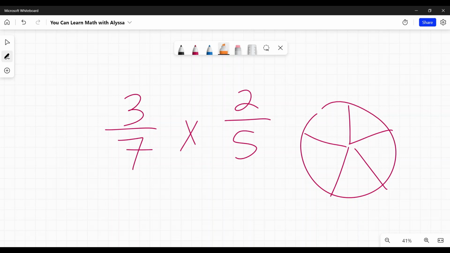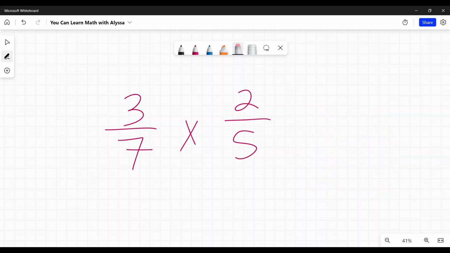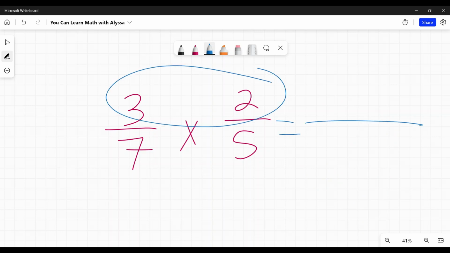Okay, it's saying if I had 2 fifths and I divided those fifths into 7 pieces, 1, 2, 3, 4, 5, 6, 7, there we go. How much is 3 of those pieces? 3/7 of 2 fifths. That's what these fractions are doing. That's what they're asking.